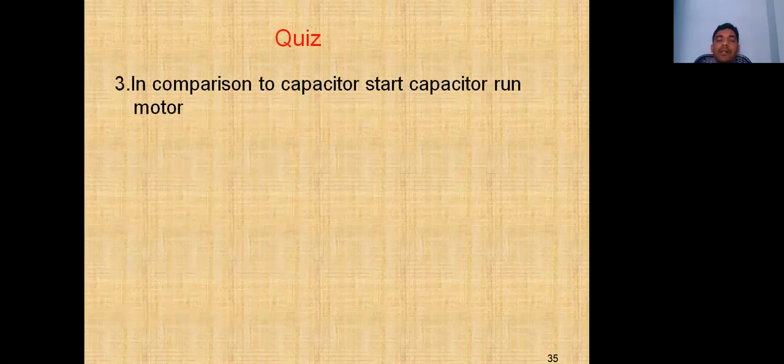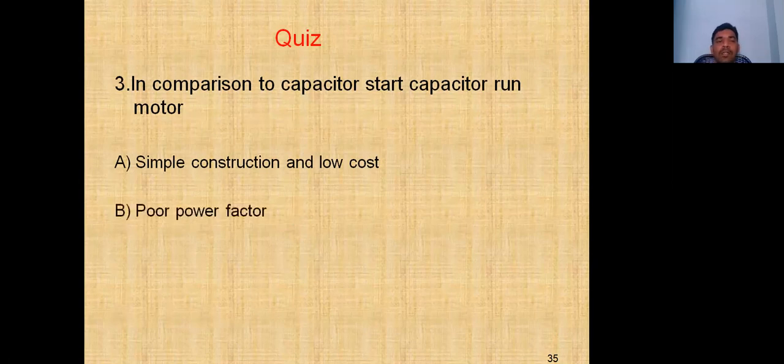In comparison to the capacitor start, capacitor run motor: option A, simple construction and low cost; option B, poor power factor; option C, poor starting torque; option D, all of the above.